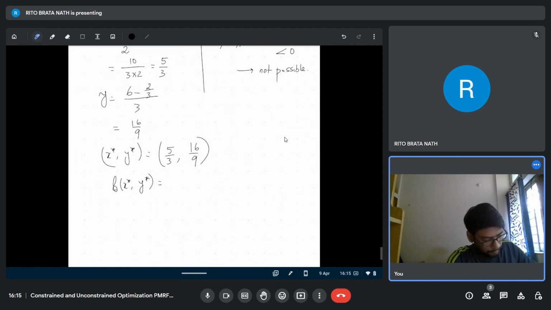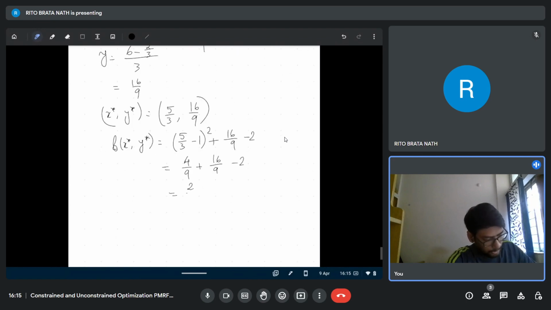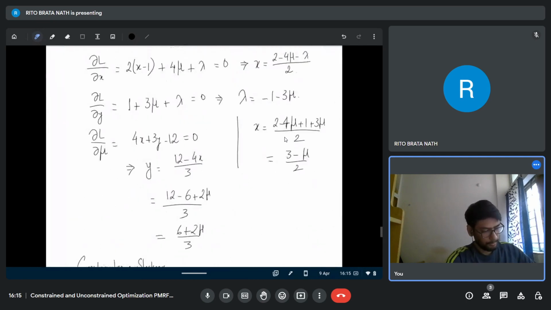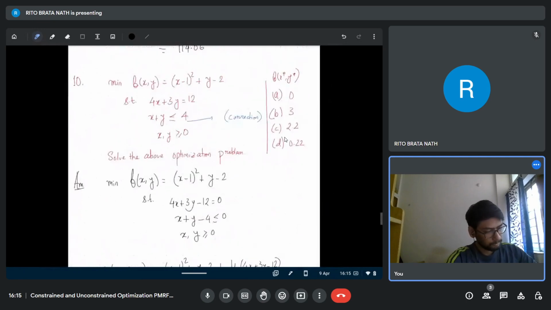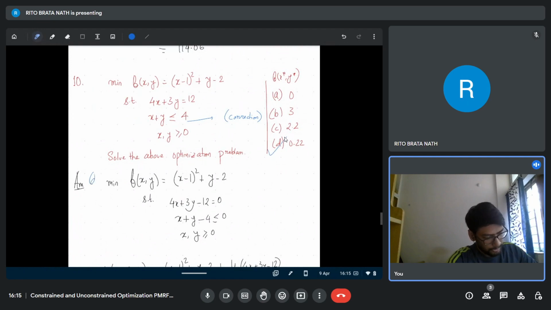It's (2/3)² which is 2/9, plus 16/9 minus 2, so I think that's 2/9, and that would be 0.22. So option D would be the correct answer here. Yeah, the answer will be D.